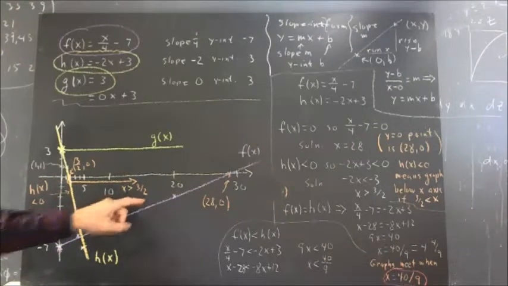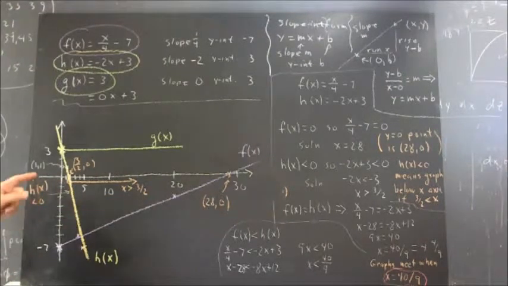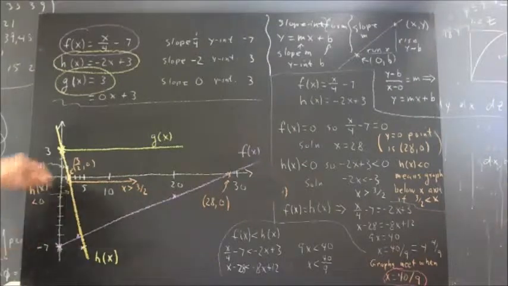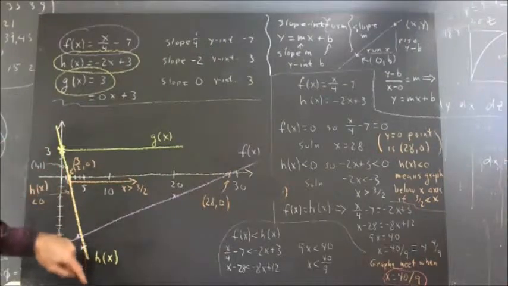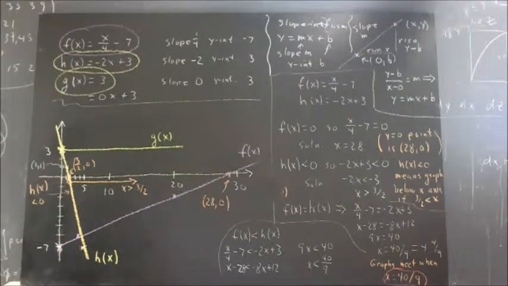So that represents x greater than 3/2, and for those values, h of x is less than 0. Now, the x greater than 3/2 starts right after this point, so all the points from here on the graph of h of x have y coordinates less than 0.